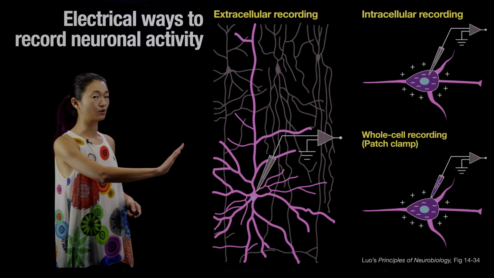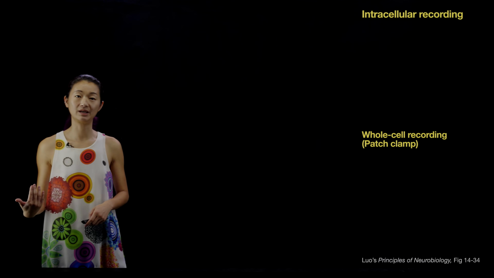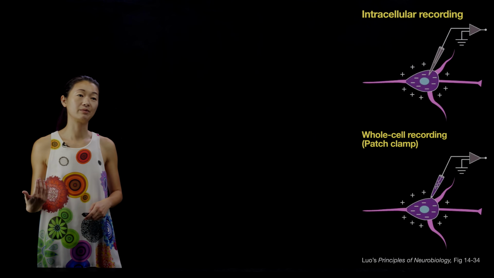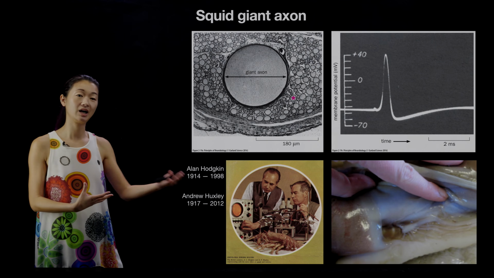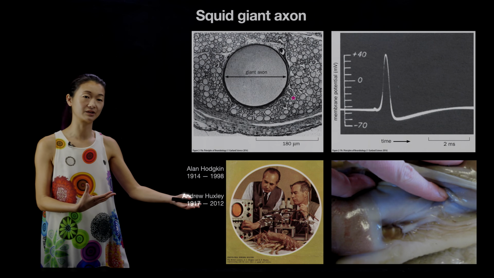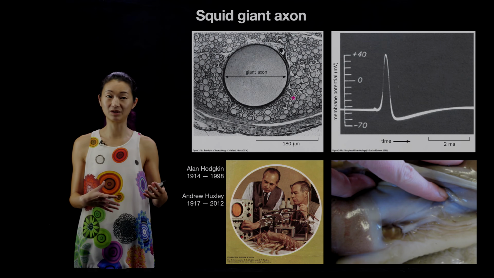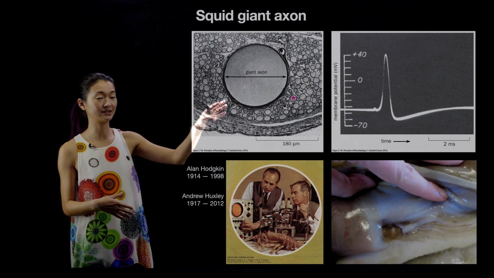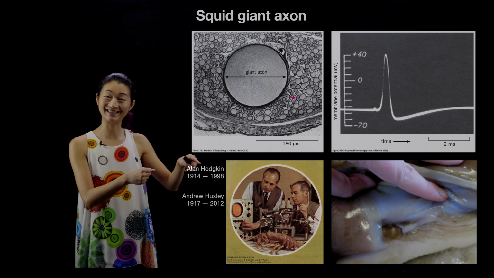So intracellular recordings, you've actually already heard about them because in the lecture we had on the action potential and Hodgkin-Huxley, what we talked about was the squid giant axon and the fact that Hodgkin and Huxley originally discovered the action potential and explained it in terms of voltage-gated sodium and potassium channels by using the giant axon in the squid and putting an intracellular electrode inside.